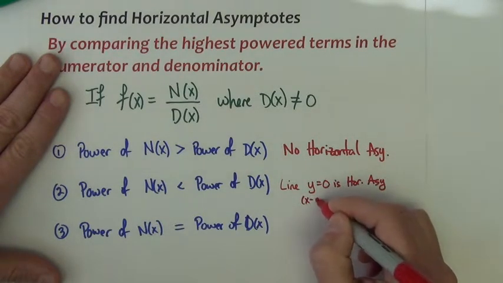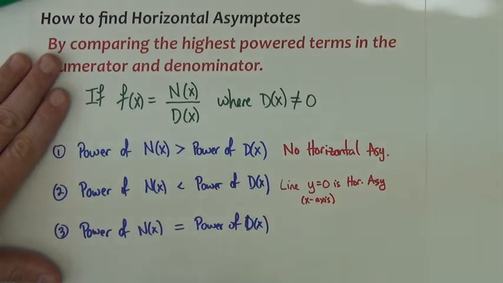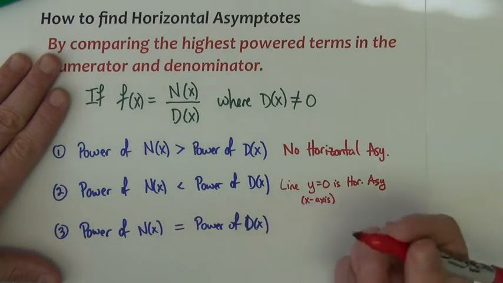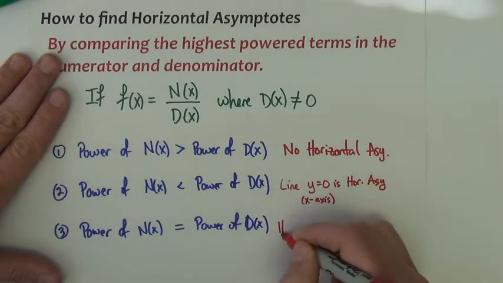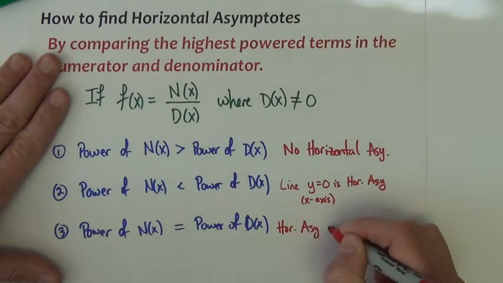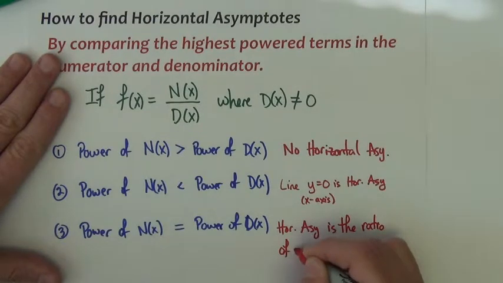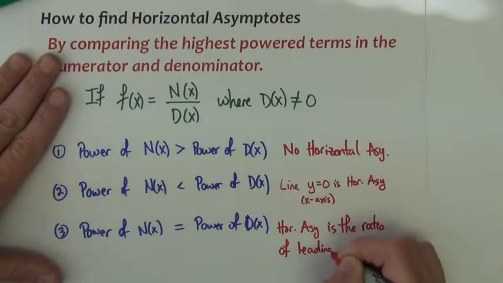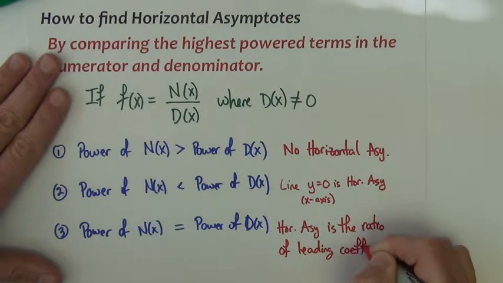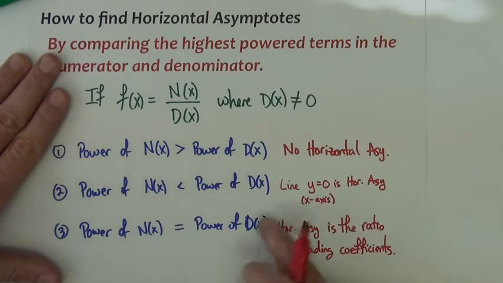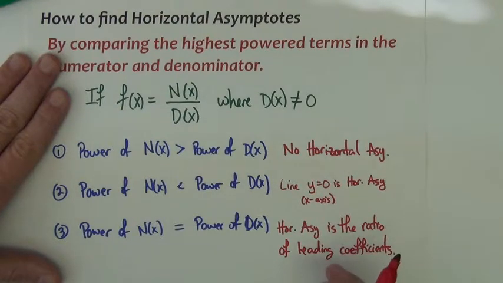Okay, that's just the x-axis. And if the powers of x are the same, then the horizontal asymptote, I'll say, is the ratio of leading coefficients. Okay, that'll make a lot more sense when we do the next problem. If it's not too clear right now, it'll become clear in the next slide.